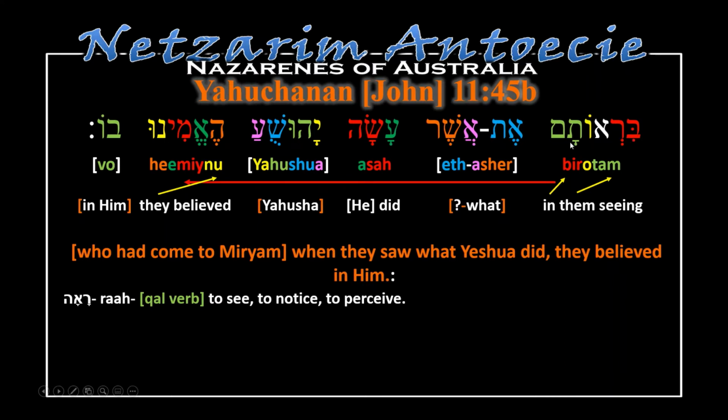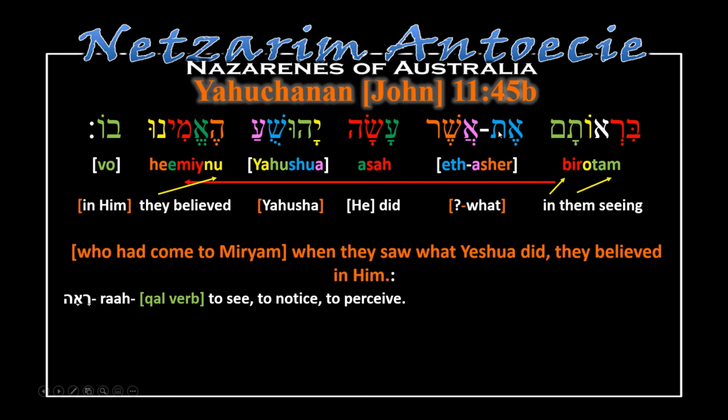Bir'otam, bir'otam. Now the bet is in, the tam is them, and we have in the middle ro or ra'ah. And we know that ra'ah is a verb, to see, to notice, to perceive. So therefore, I've translated here in them seeing. Because it's an O up there, it could be termed as a participle, so it's often shown as seeing.